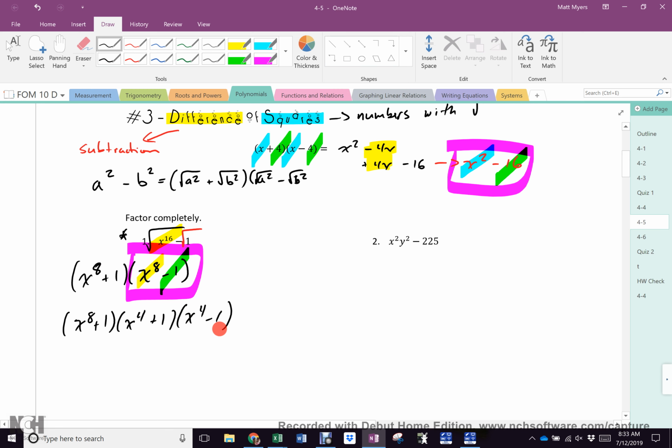No. So I got to write it again. What a pain in the rear. What's this one going to be? X squared. Plus 1 and? Surely I'm done now. Don't call me Shirley.